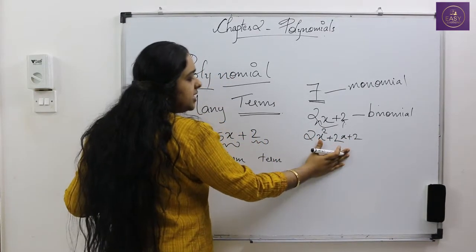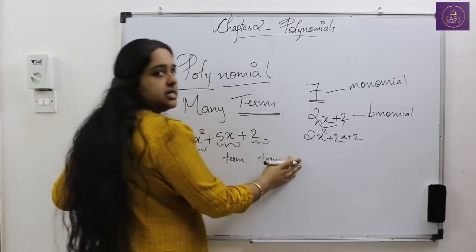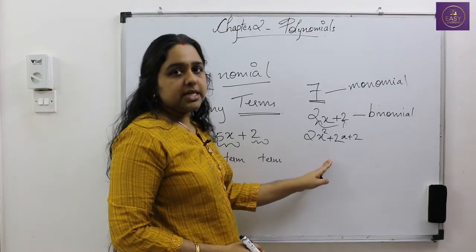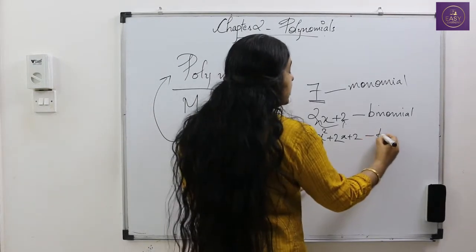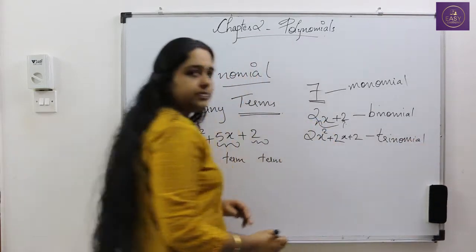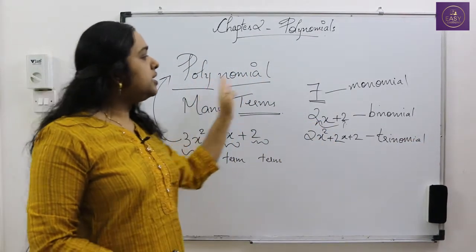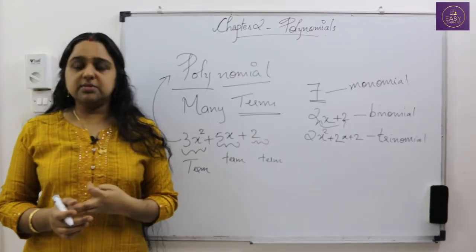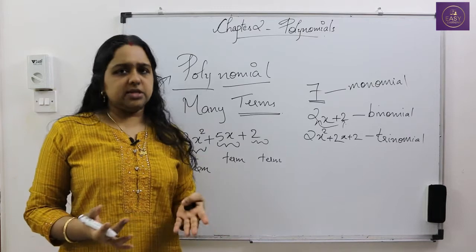In this expression there are 3 terms. So what will we call this expression? It is a trinomial. Tri means 3. Understood? So polynomials are of different types. A polynomial can be with 1 term, 2 terms, 3 terms, or many terms.